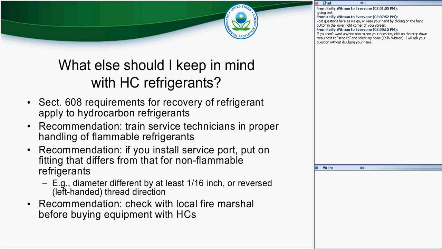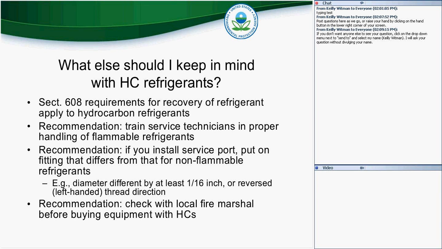And then a few recommendations for you to consider. I guess kind of obvious, train service technicians in the proper handling of flammable refrigerants. That might be something to discuss with whoever might sell the equipment, what kind of training they have or technicians that they might be able to provide, or ways that they can help ensure that the equipment is properly serviced.